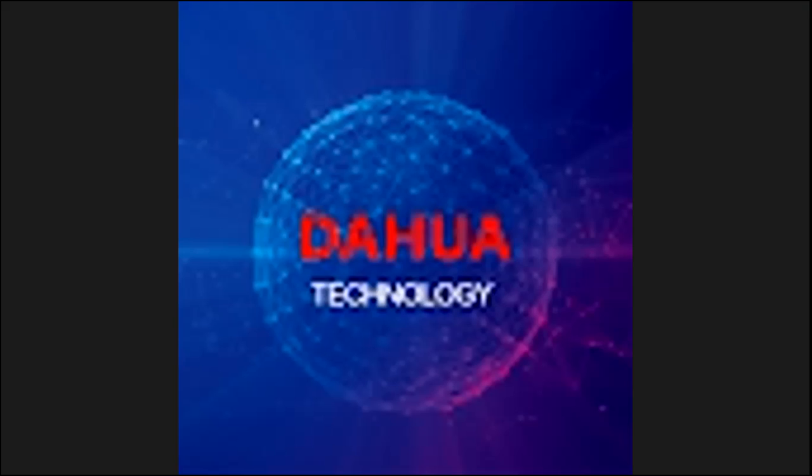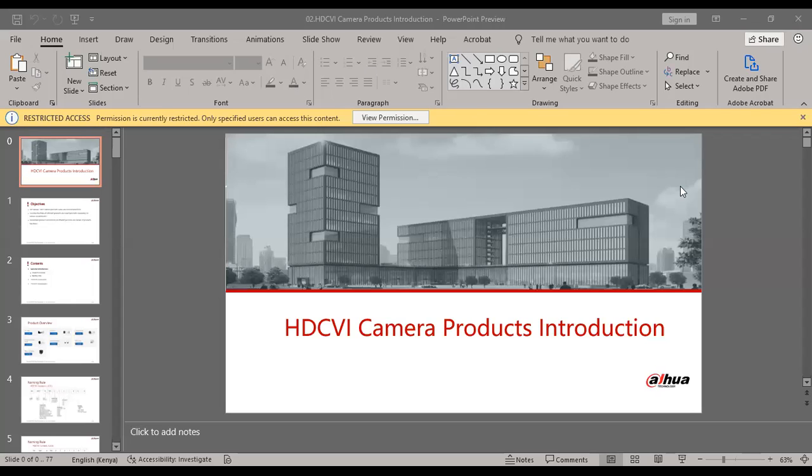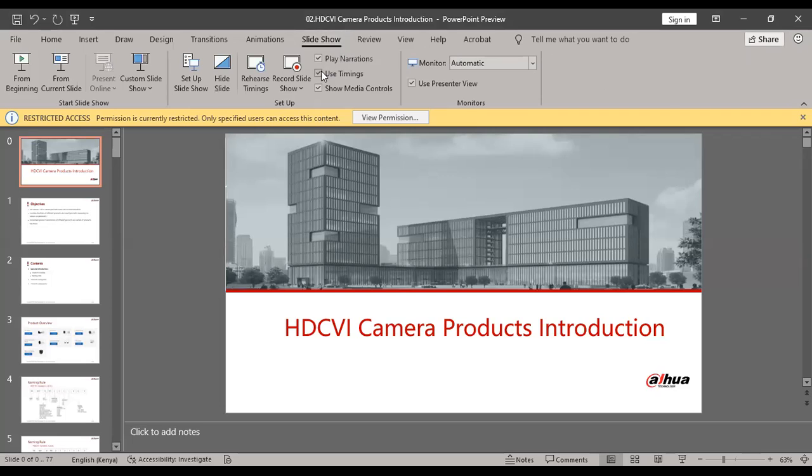The analog cameras, although I should have started with the analog cameras, but this is what we're going to cover today. We're going to do analog cameras, the products that we have as a company. I think that's basically the order of the day.